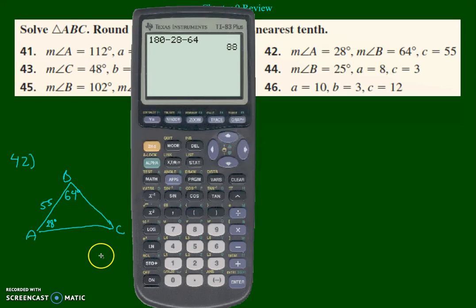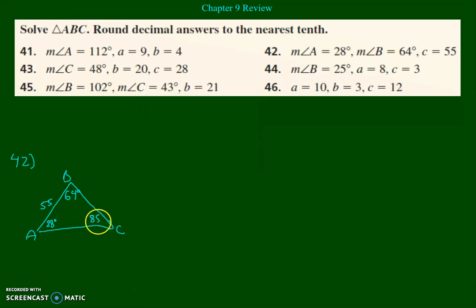So that gives us 88 degrees for C. All right, now we have to figure out what we're going to use for these 2 sides. And it looks like the most logical thing to do would be to use law of sines again, simply because we have nice clean angle measures, so there's no approximations, and a nice clean side here. So let's go ahead and do that.